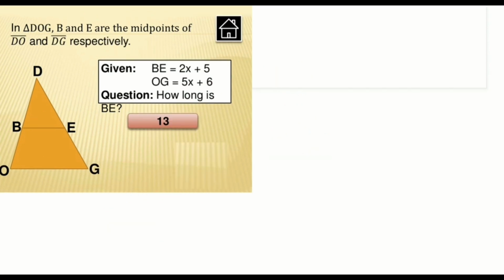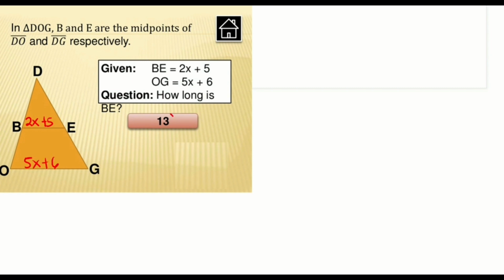Alright, and for our last example, let's try to find the measure of segment BE. In triangle DOG, we have B and E are the midpoints of segment DO and segment DG. So here, the measure of BE is 2x plus 5 and OG is 5x plus 6.